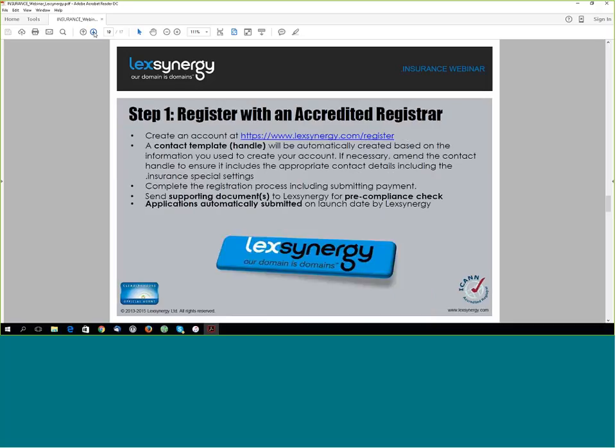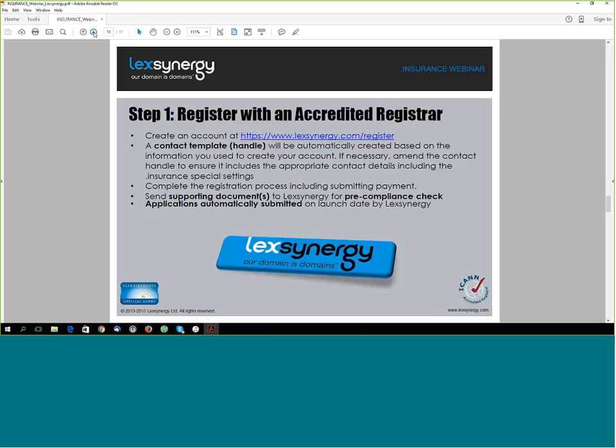Then once that's done, or if you decide not to participate in the Sunrise but in subsequent phases, you will need to register an account with us. There's a link there, as you can see on the presentation. Once you've created an account and a handle is automatically created, this is the predefined set of information that we would use to submit your application to the registry.